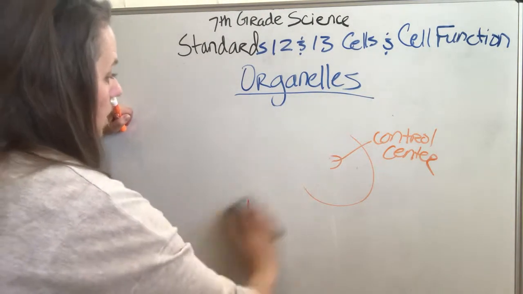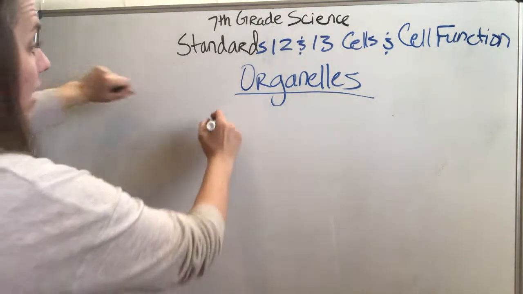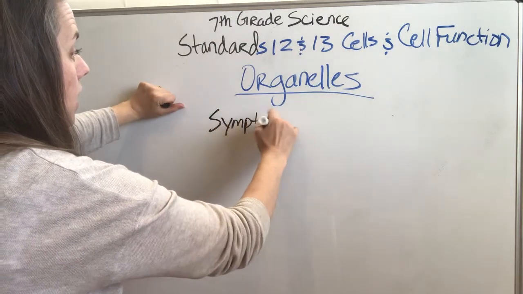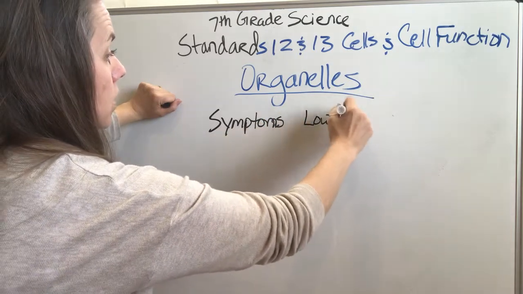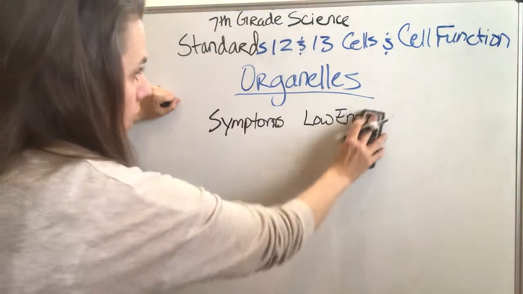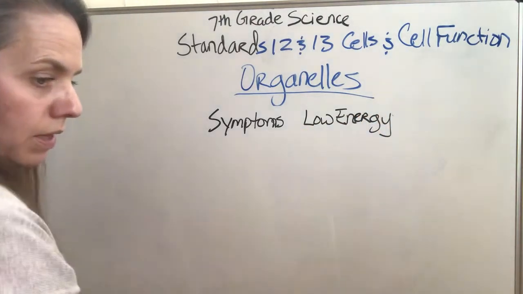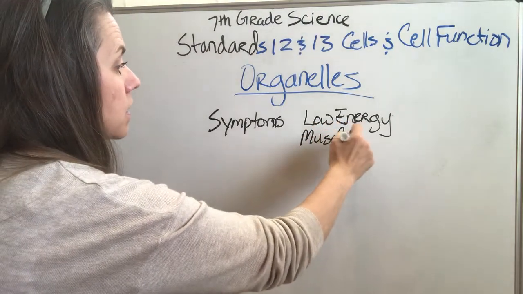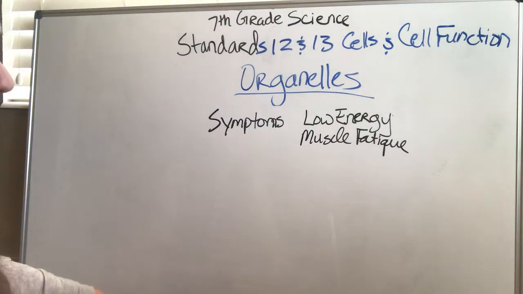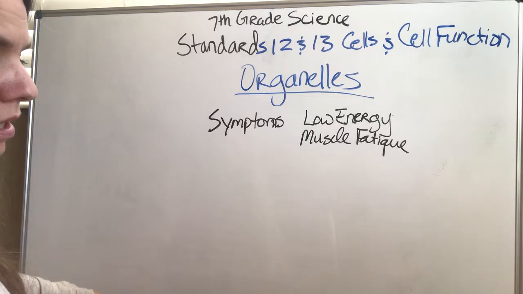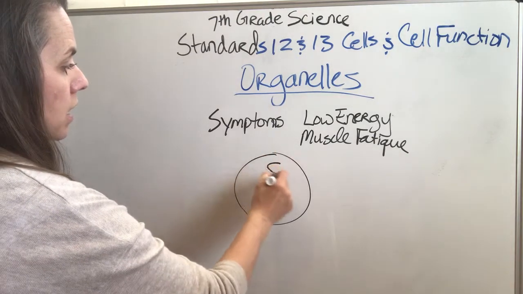Okay, so the last thing I'll talk about is that if somebody's sick and one of their main symptoms is low energy levels, or muscle fatigue, and then you've ruled out a ton of other diseases or sicknesses that this could likely be, what you might look at is the mitochondria in a cell.